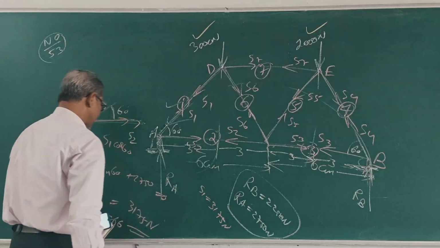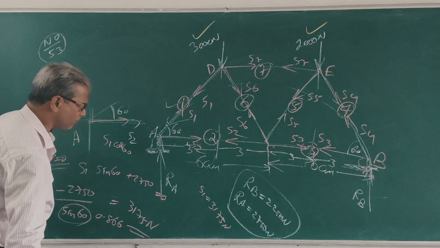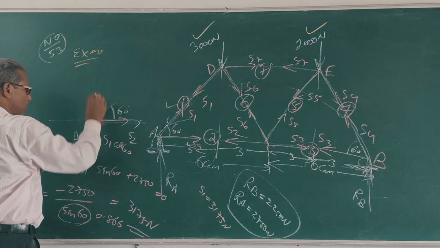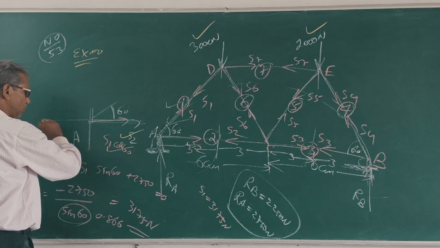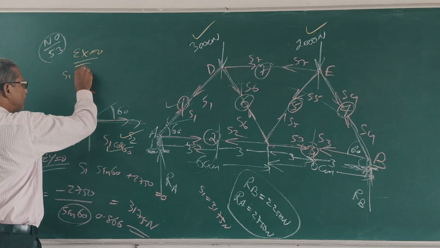So sigma y is 0, sigma x is 0. Now we make sigma x 0. This force plus this force is 0. Clear? So S1 cos 60 plus S2 is 0.